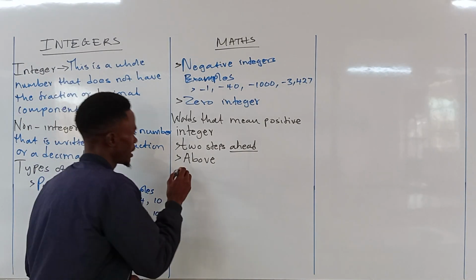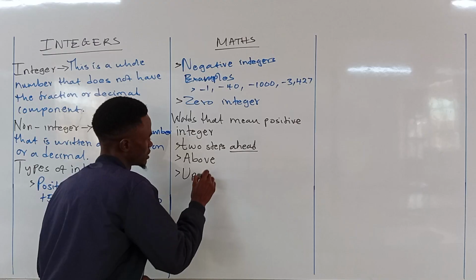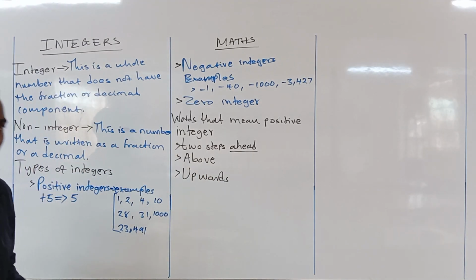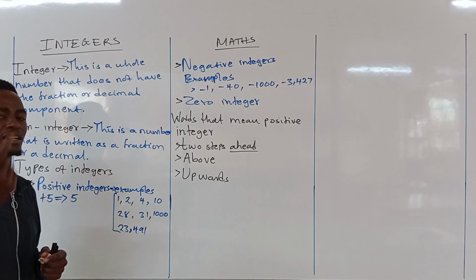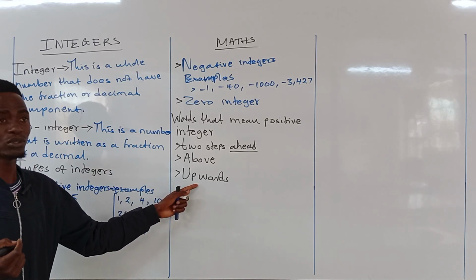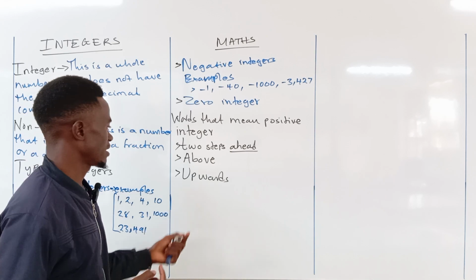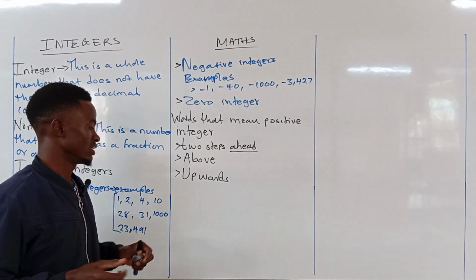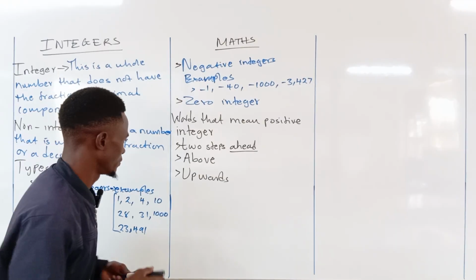Then another word is upwards. For example, the learner walked 10 steps upwards. The word upwards indicates a positive sign, and the number referred to is going to be positive.